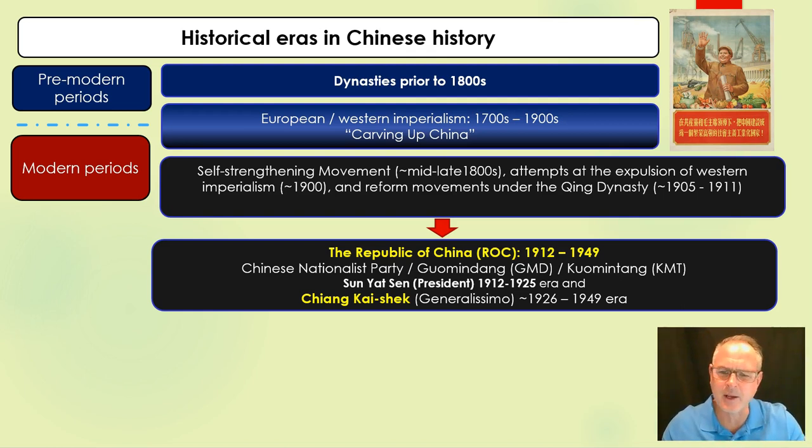But if you think about it, in this period of 1912 to 1925, we're also seeing the rise of an expansionist militarist Japan.